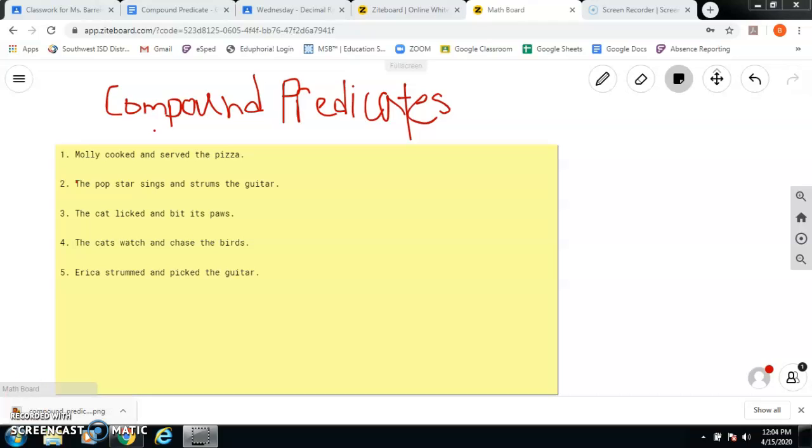So remember that compound predicate is meaning that the subject of the sentence can be doing more than one thing.